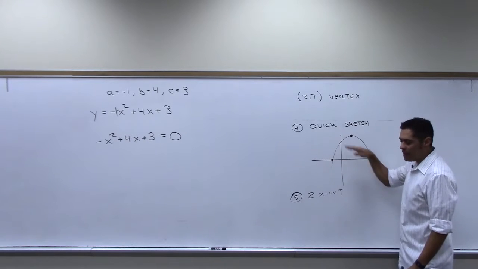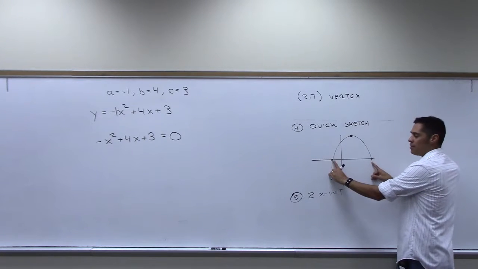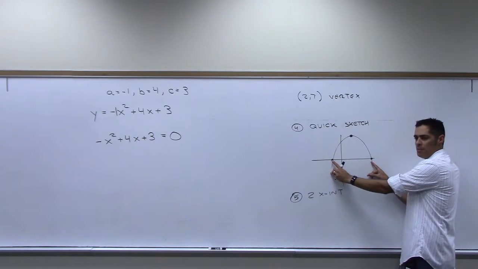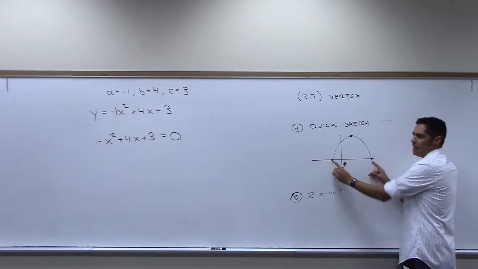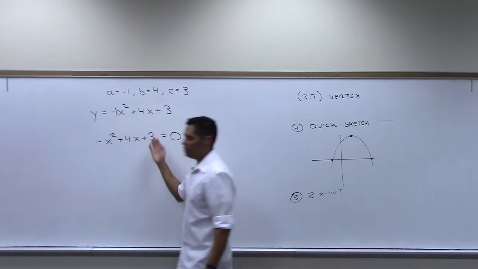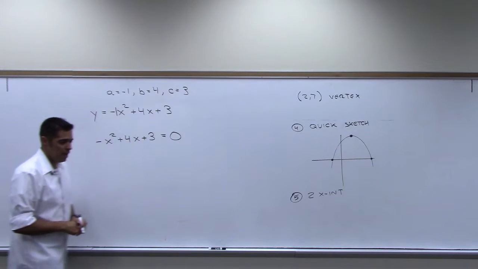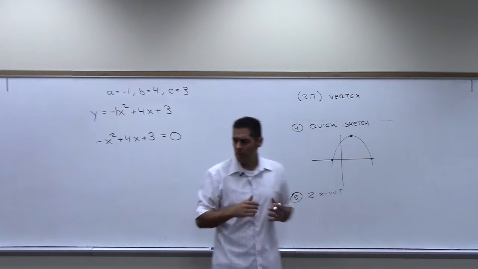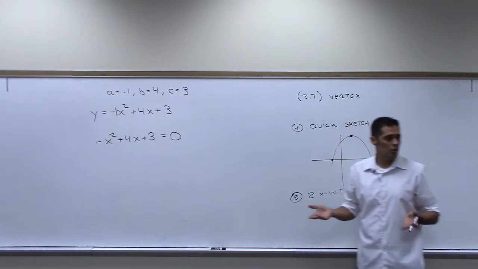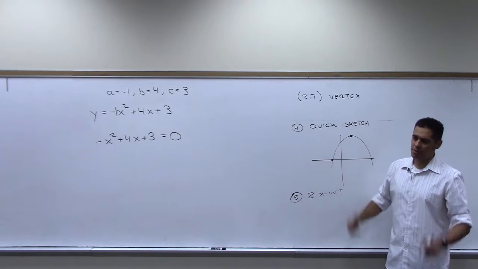Remember, if you're going to find an x-intercept, what's the y coordinate of both of these points? 0, right? That's why we replace y with 0. Now here, we get to solve. This is like the equations you were asking questions on in the homework about. We just have to solve this equation now.